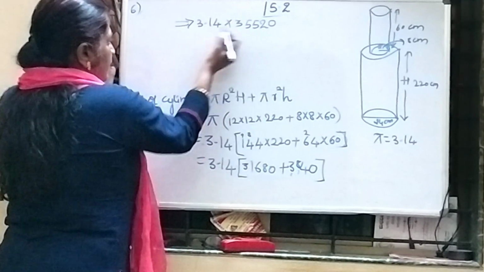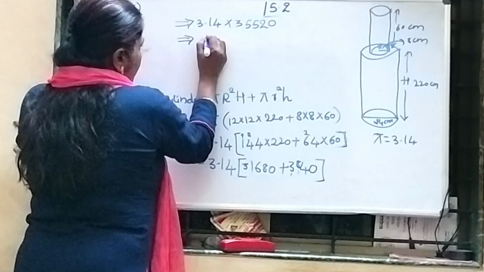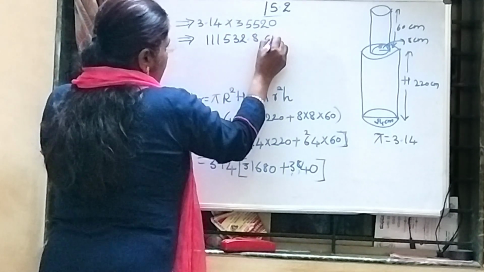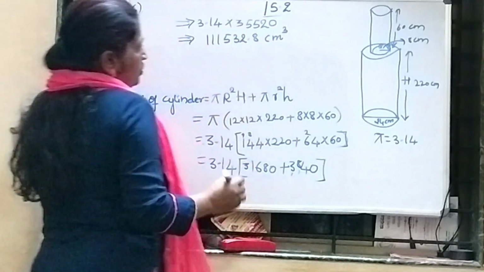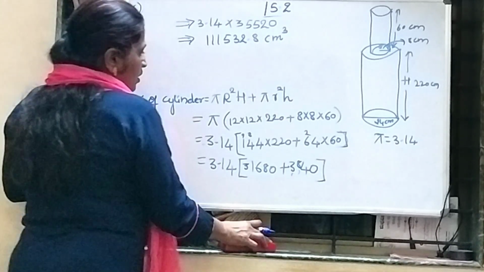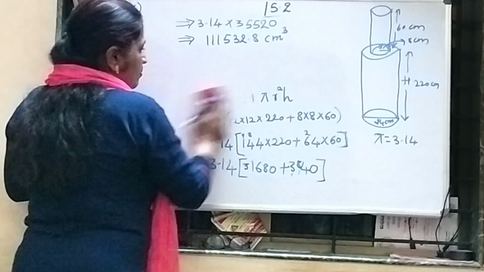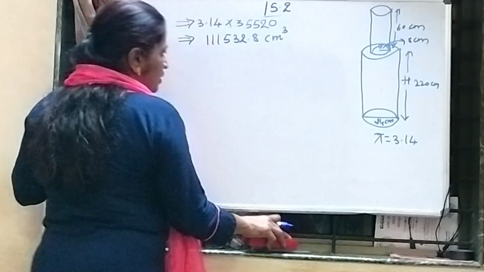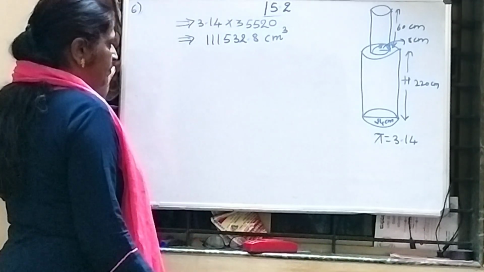So the answer after multiplying is 111,532.8 centimeter cube. Children, this is the volume of both the cylindrical pillars. Now we have to calculate its mass. They have told us 1 centimeter cube is equal to 8 grams.